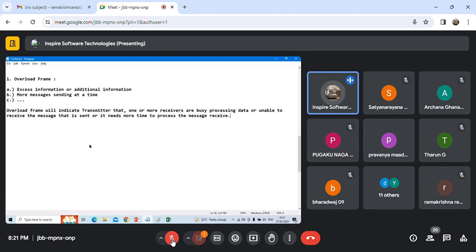In either of these conditions, the receiver will send the overload frame, then the transmitter will wait for some time. So for that purpose, the overload frame will be sent. Everybody clear why we send the overload frame?